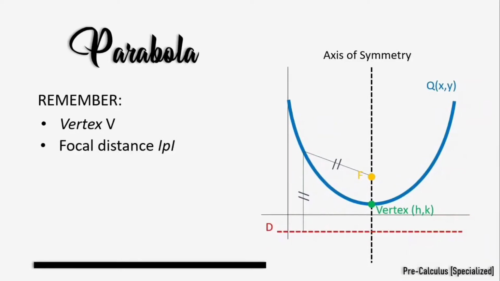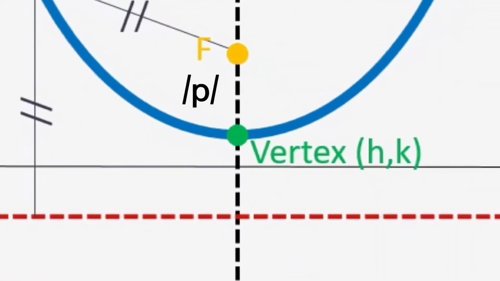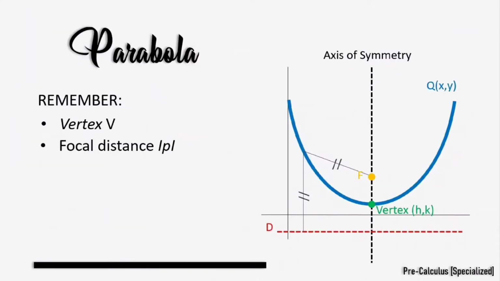P naman is the focal distance from the focus to the vertex. And syempre, same lang din yung distance from the vertex to the directrix. Okay? And of course, we have the focus, which is a point on the axis of symmetry. Again, we have the vertex, the focal distance, and the focus.